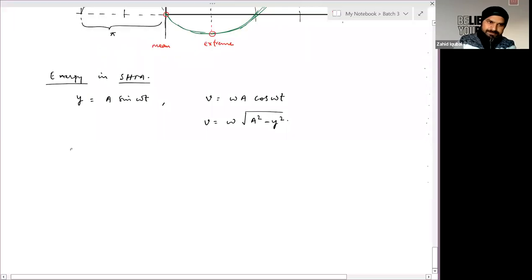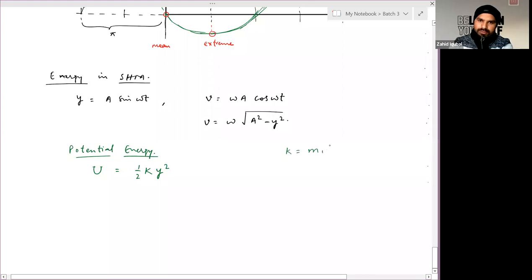So first is potential energy, denoted by U, which is equal to half k y squared, just like for the spring mass system we did in chapter 6, work, energy and power, where k is called the spring constant, which is equal to m times omega squared.